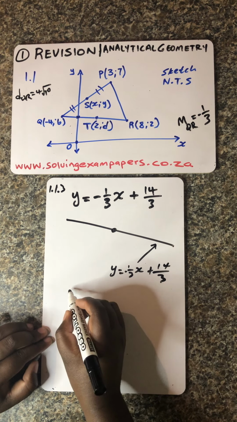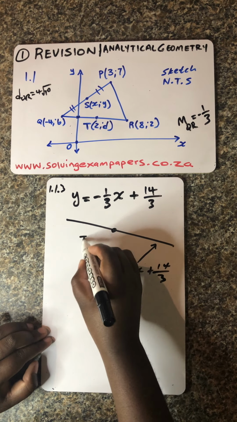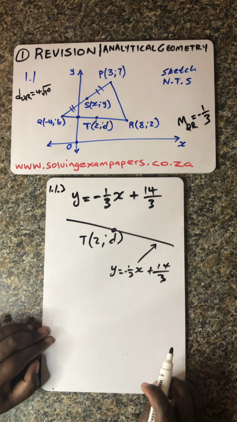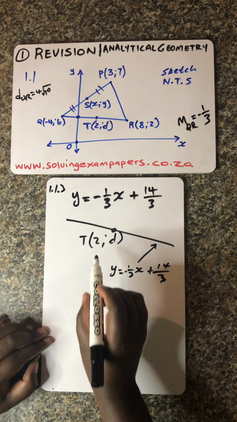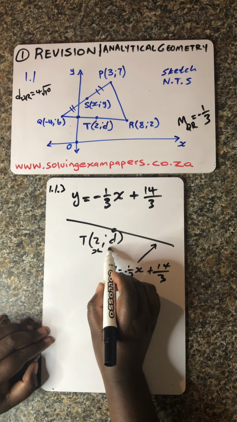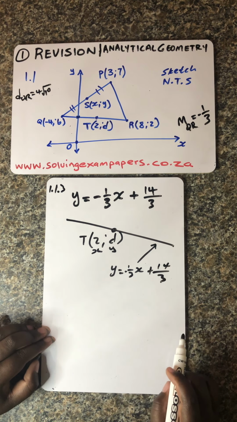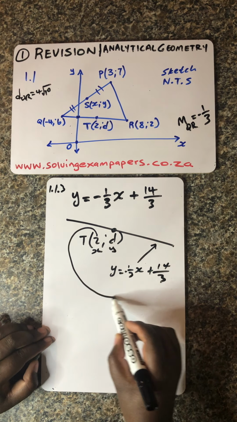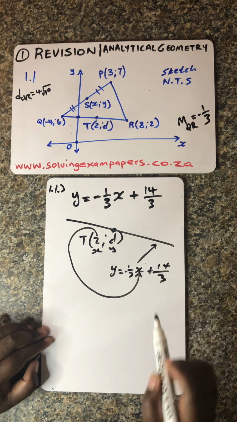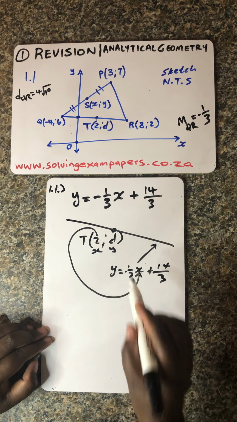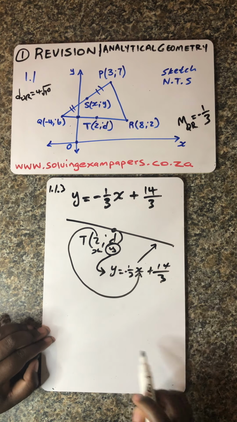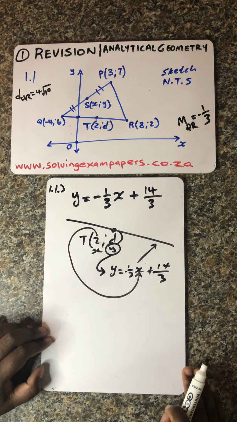So that point T is where x equals 2 and y is represented by the letter D. This is x and this is y. If I substitute that x value into this formula, the y value that I'm going to get is that D. That's how it works.